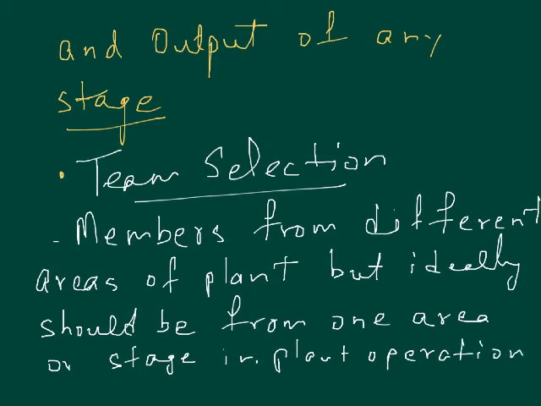So to summarize the team selection, Dr. Deming suggested that you can pull members from different areas of the plant, but ideally what he likes is they should be from one area or a stage from the plant operation.